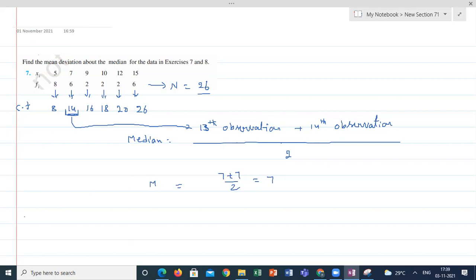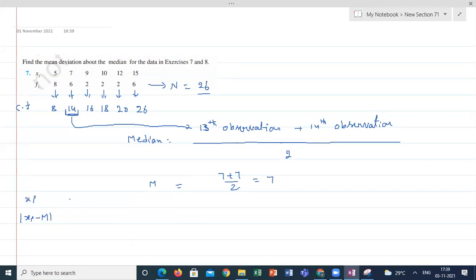With the help of this, we have to calculate the absolute deviation of each and every observation with respect to the median. So what will I get here? These are the xi values.